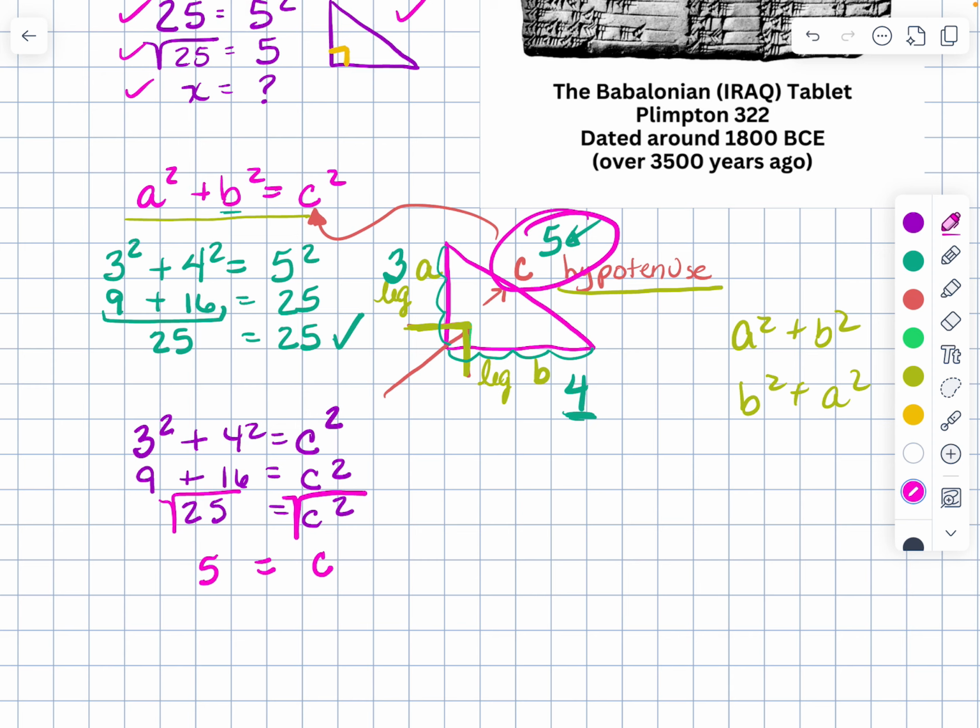So you're going to be seeing this exact problem. It's called a 3, 4, 5 triangle. You're going to be seeing that a lot. And this is also the triangle that's used by builders. Anytime you want to build something and make it square, you want this corner here to be a 90-degree angle.